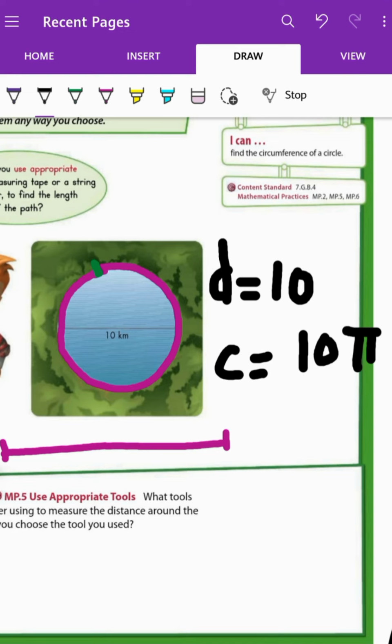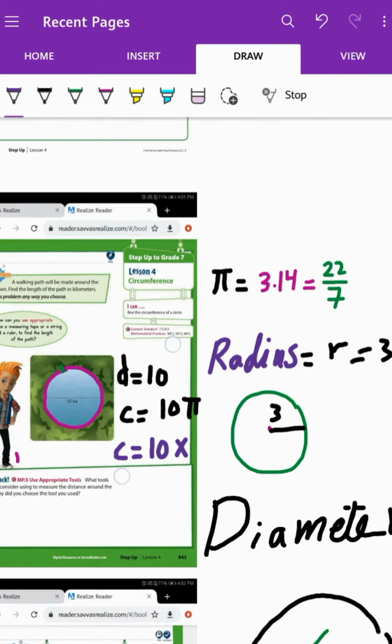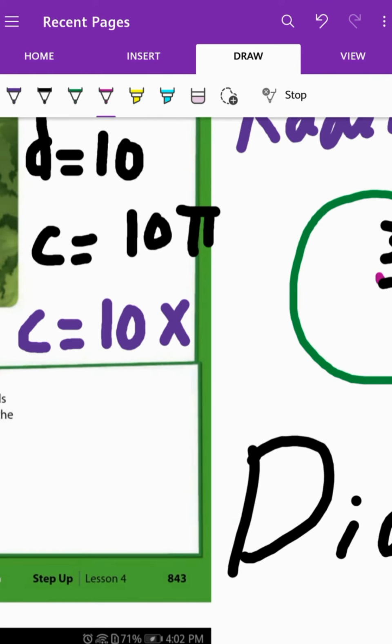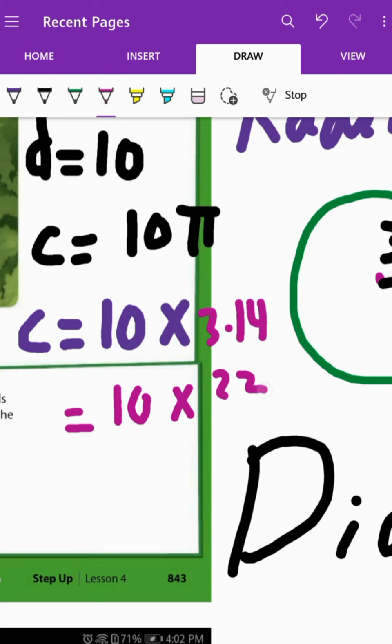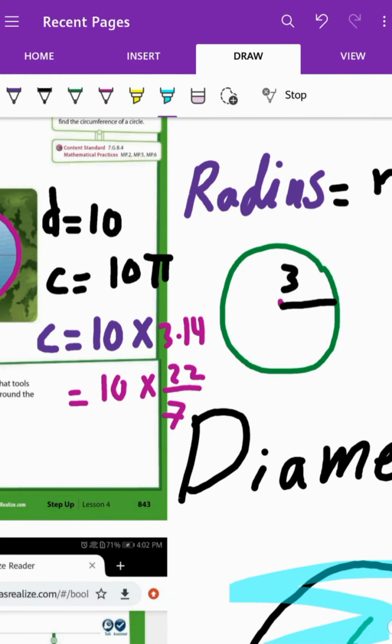And you can write C equals 10 multiplied by the value of pi. We say 3.14. So you can write multiply 3.14. Or you can write it 10 multiplied by 22 over 7. All of this gives the same value.